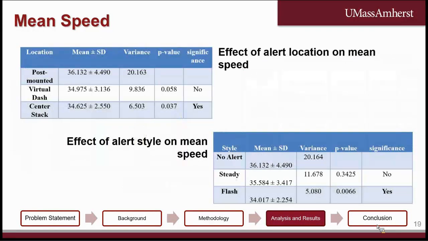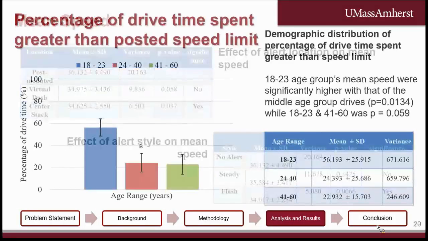In terms of alert location and alert style, the center stack scenario was found to have a significantly less mean speed when compared to the virtual dash scenarios. Here, the flashing and steady state scenarios are combined to get this result. And in terms of alert style, the flashing scenario was found to have significantly less mean speed.